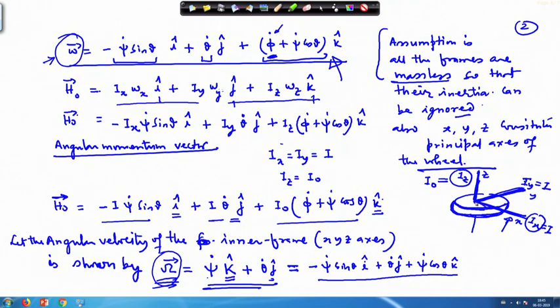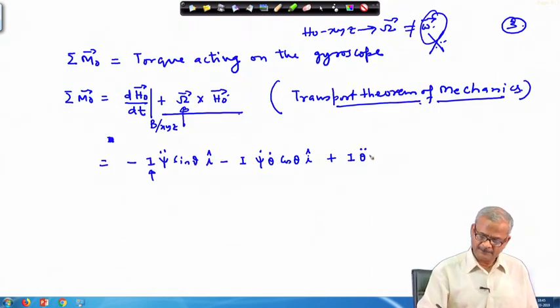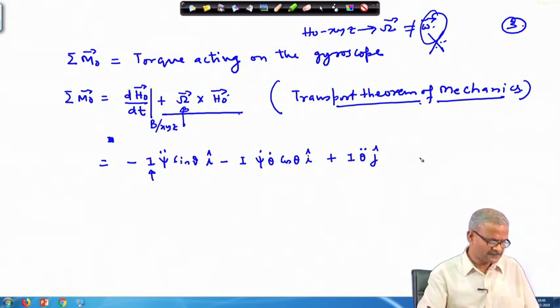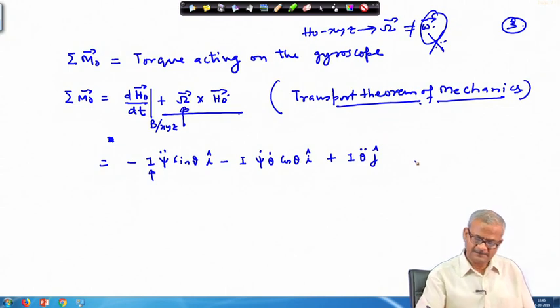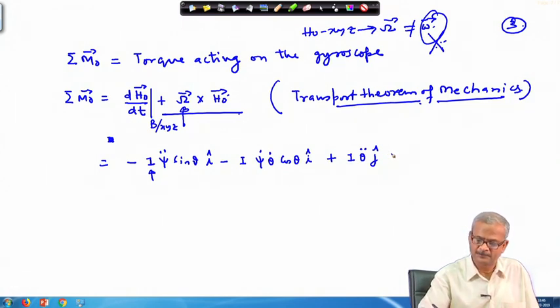What we are doing here is assuming that this frame is not attached to the wheel. Otherwise that will not be valid, and in this frame the moment of inertia will start changing. So, we are using this to our advantage. Keep this in mind, because this is very basic. While solving many problems, you will find this kind of condition, and if you utilize this shortcut, your problem will become very simple.